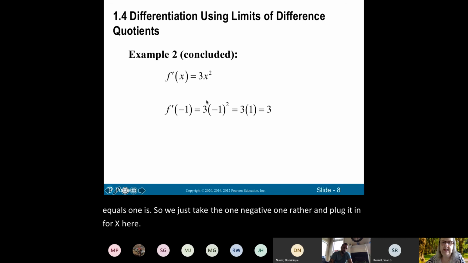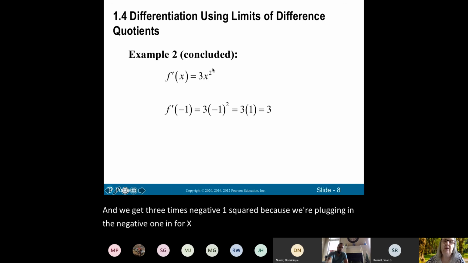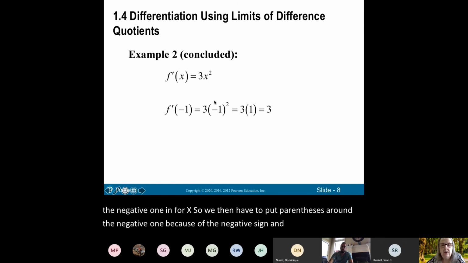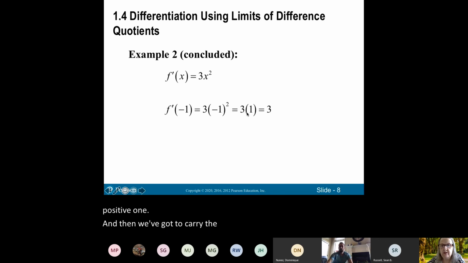And we get 3 times -1 squared because we're plugging in the -1 for x. So we have to put parentheses around the -1 because of the negative sign and square it. So this square represents -1 times -1, which is +1. And then we carry the 3 along, and we get 3 times 1, which is 3.